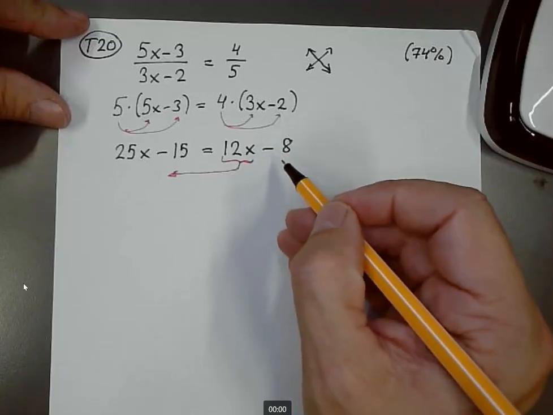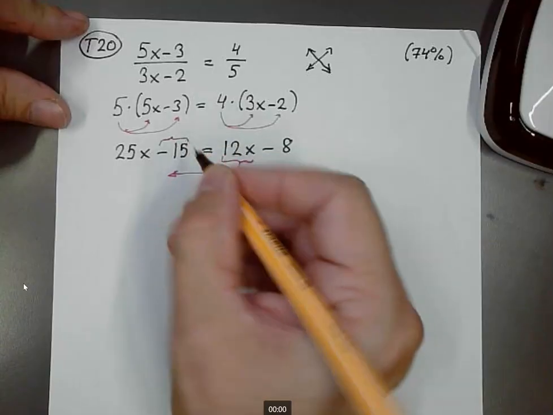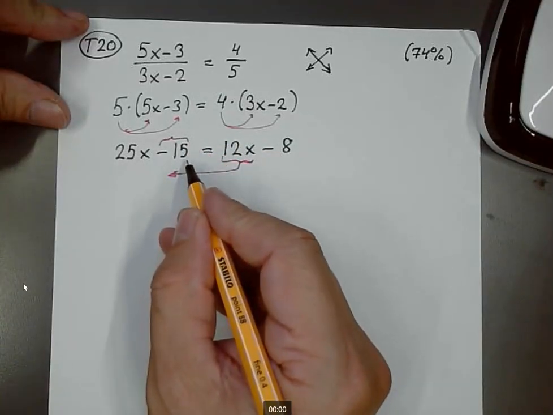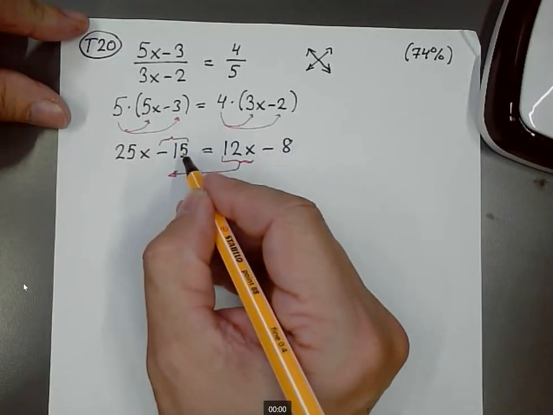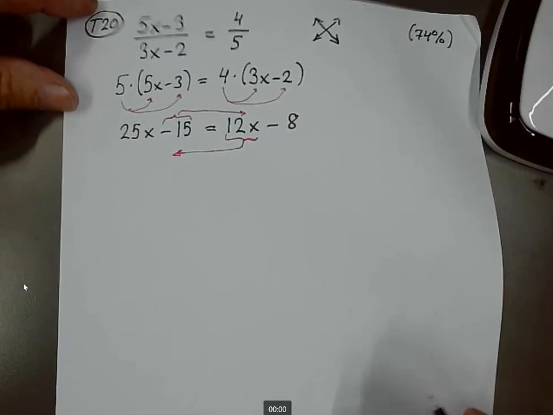And then we move this minus 15, which has no x in it, to the right hand side.